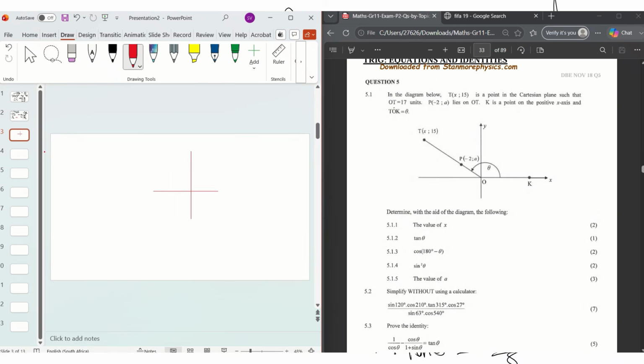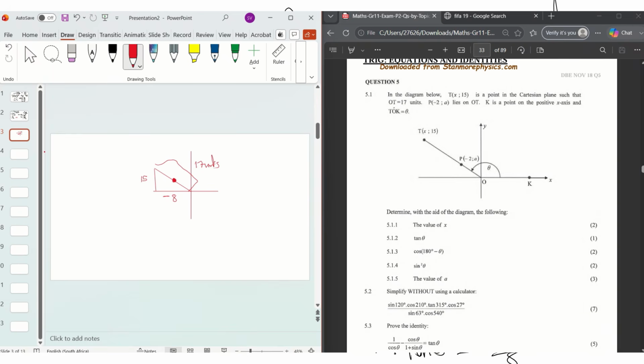So we have this full triangle. Here we already have 15, and here we already have negative 8, and this whole length there is 17 units.